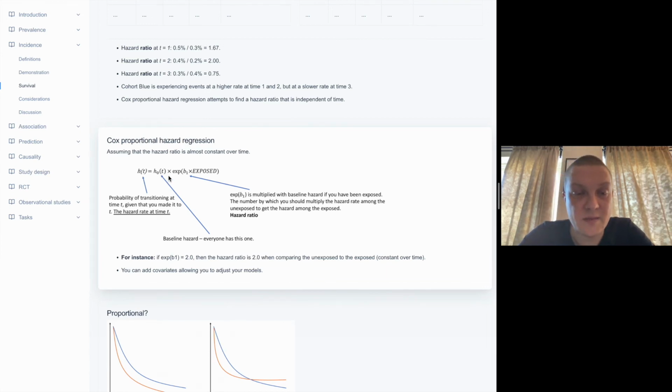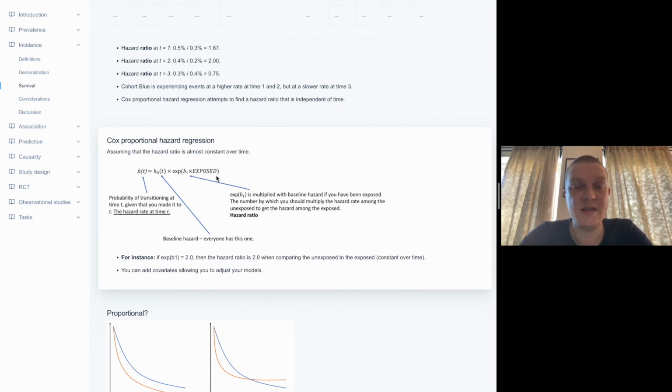That is represented by the second part. The second part tells us by how much we should multiply this baseline hazard given that you have been exposed. Everybody gets the first part, but only those who have been exposed get this part of the equation. This part represents how much we should multiply the baseline hazard if you've been exposed, and this is then the hazard ratio, right?